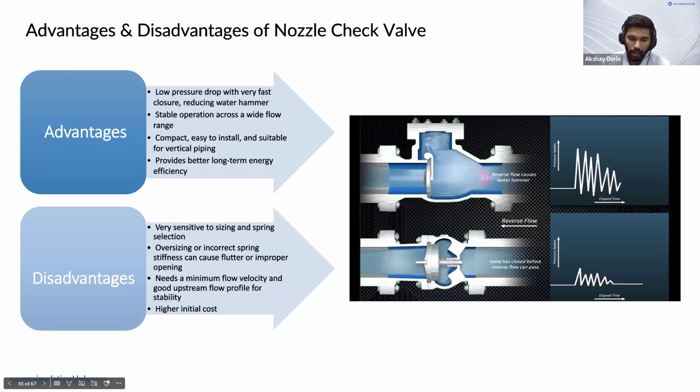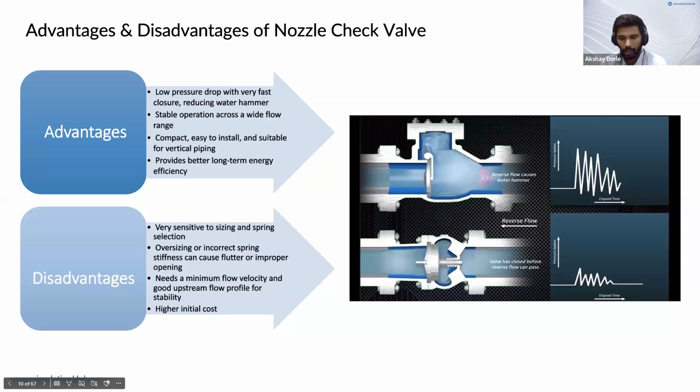And the initial cost is high. So as compared to swing check valves or dual plate check valves, the initial cost of nozzle check valves is high. But this is the initial cost. If you look at it in the long term, the total life cycle cost of the plant is much lesser as compared to when swing check valves or traditional check valves might be used.